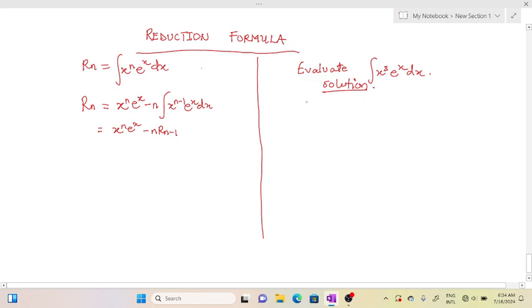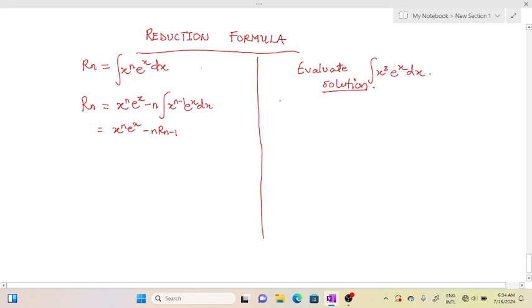For the first round of reduction, you have x to the power n e to the power x maintained, minus n times the integral of that expression where you have reduced the power of x by 1.